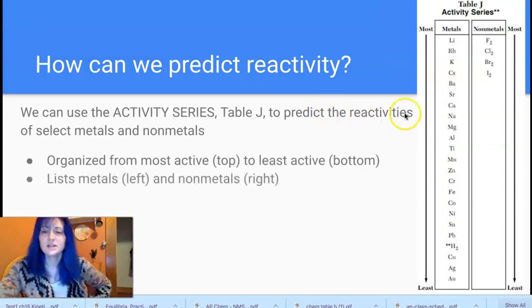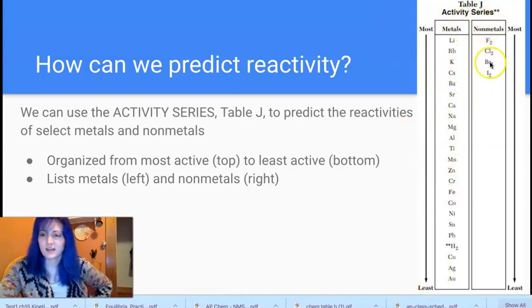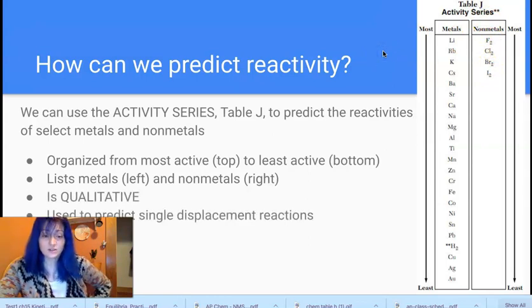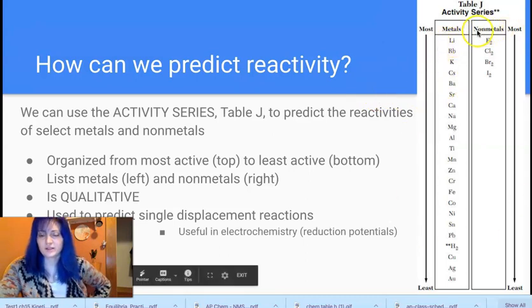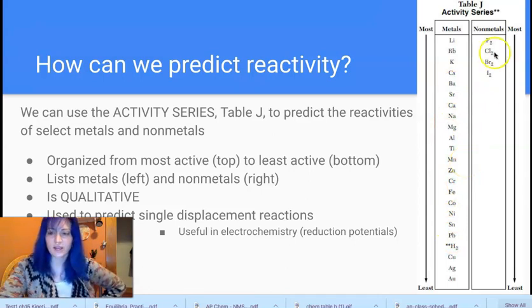As you can see, the table is arranged from most active to least active, and you have metals on the left and nonmetals on the right. It's also a qualitative chart, so there are no numbers or values. It's just a list, and you basically rank the elements based on their position.